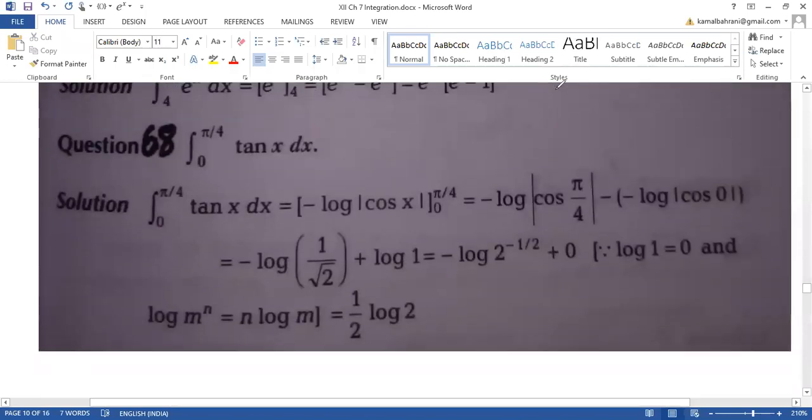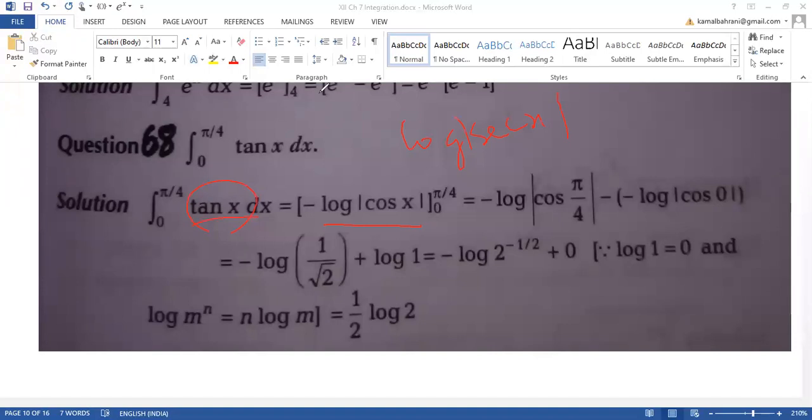Question number 68. Again a very simple question. Still we are not moving to the properties. We are doing direct questions, so that you should know first of all how to apply the limits also. So here we have 0 to pi by 4, tan x. The integration of tan x we all know is minus log of cos x, or you can say log of sec x. Don't get confused.